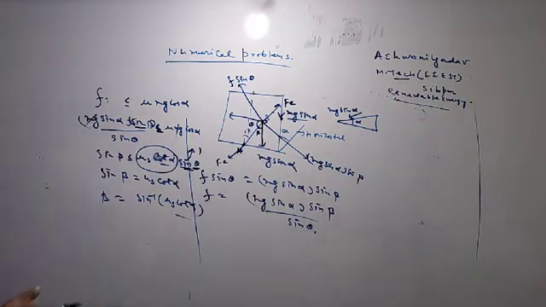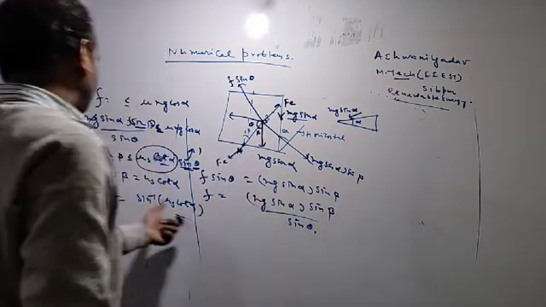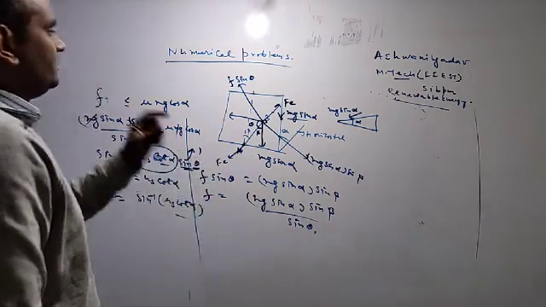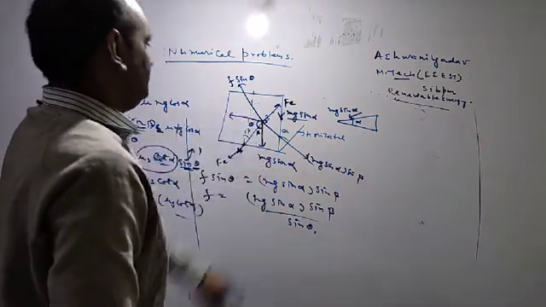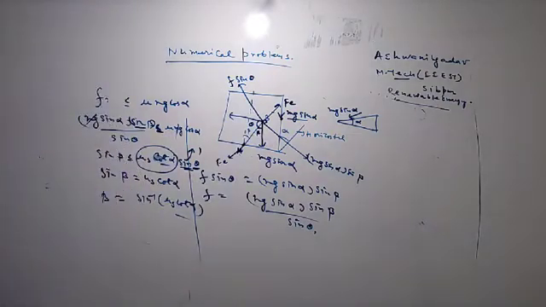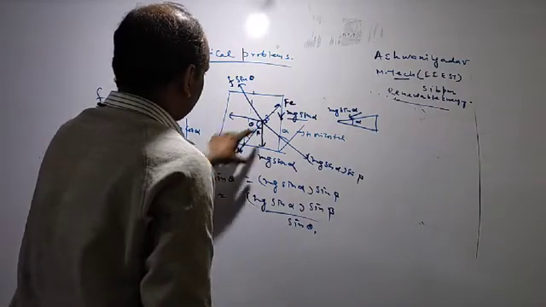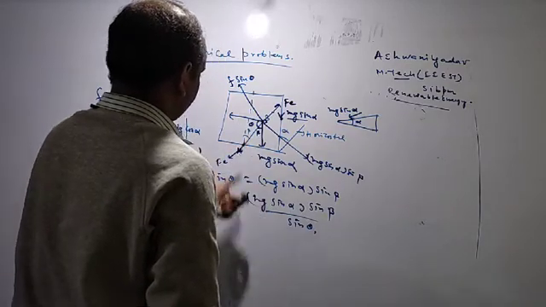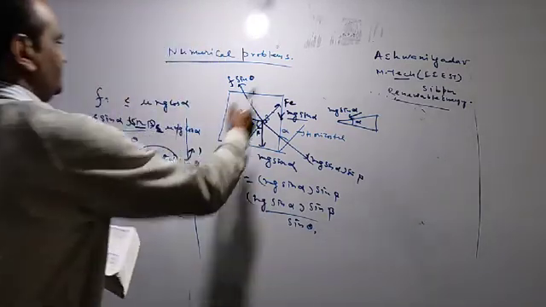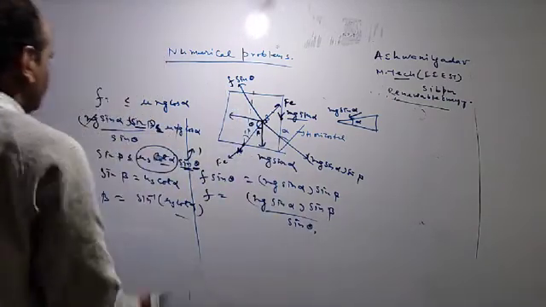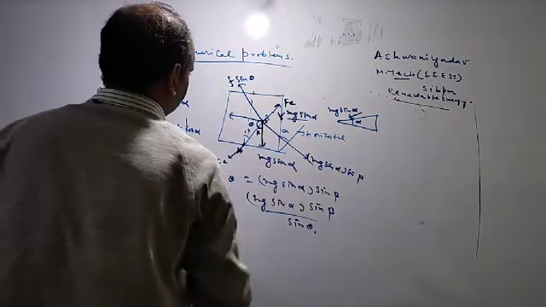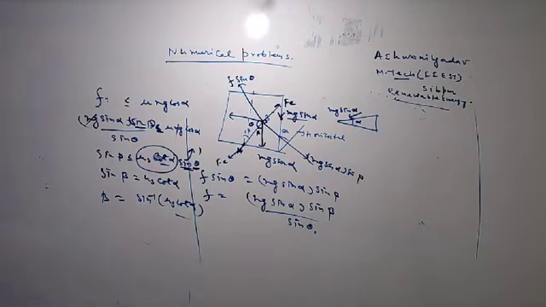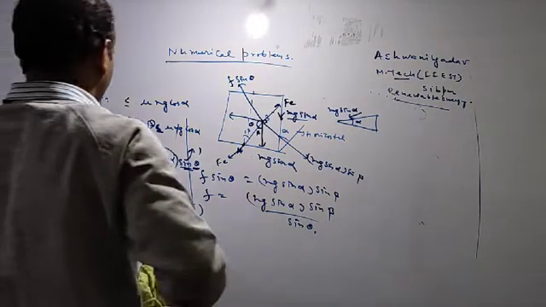This is your greatest angle, so that the particle can remain in equilibrium. And this is a charged particle, so it is balanced in this direction, and one component should be balanced. My purpose is just to find beta, so I've just balanced this force. I think this is your answer.